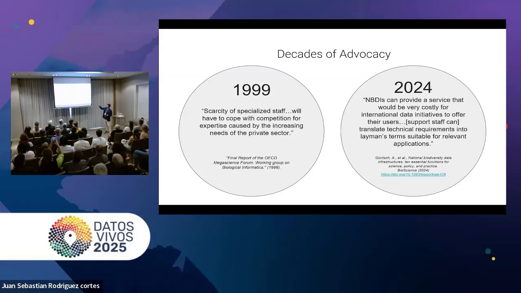And so I'm using these as two examples of where there was some advocacy for this. In 1999, the OECD report that begat GBIF did note you require specialized staff to do this. You're not going to just be able to do it with the current capacity that we have. And then in 2024, Gunz et al. wrote this really nice paper talking about national biodiversity data infrastructures and what are some excellent qualities they should have.